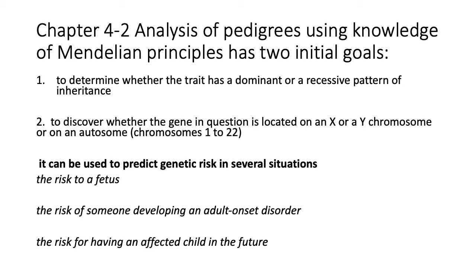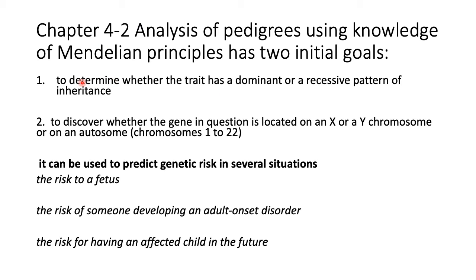You can also make predictions on how future generations will be affected. People like to know these things so that they can make informed decisions if they are deciding to have children. Maybe their partner has the same type of genetic disease that they have, and you might want to consider the risk of having children, if there's any risk at all.